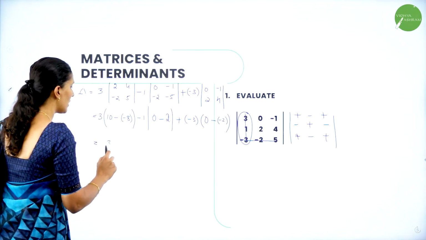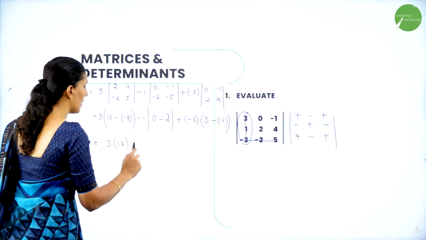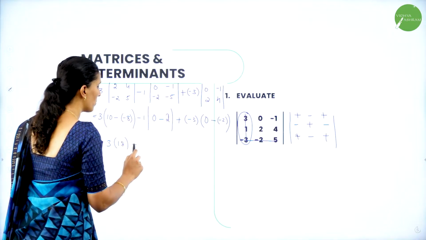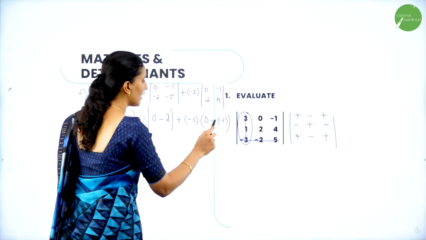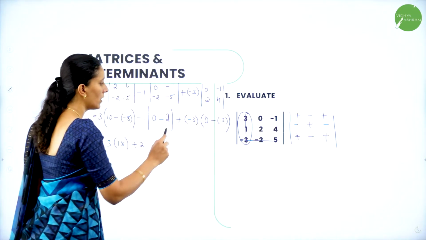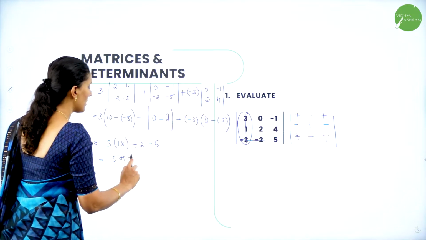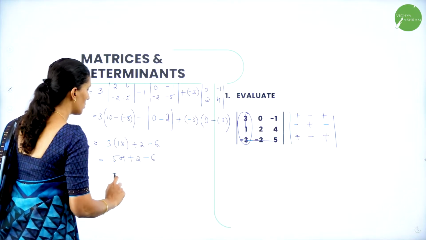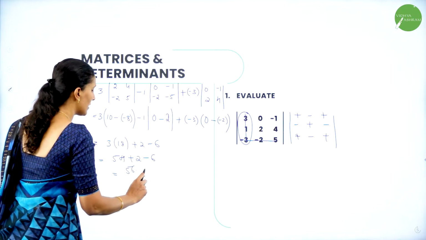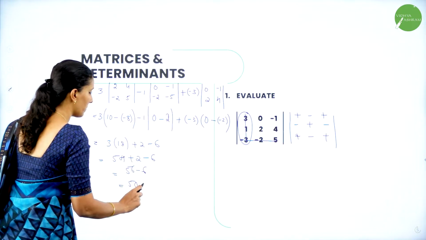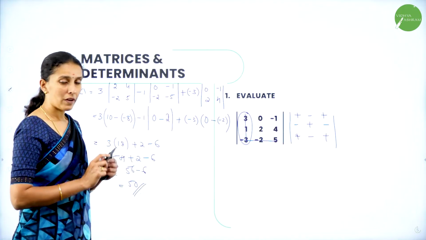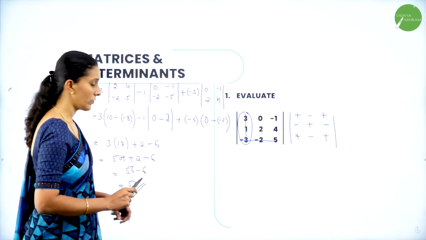So now it is 3 into 18. Next, minus 1 minus 2 becomes plus 2. Minus 3 minus of minus 2 is plus 2. So minus 6 here. So 54 plus 2 minus 6, which is equal to 56 minus 6, which is equal to 50. So you will get the same value, that is 50.